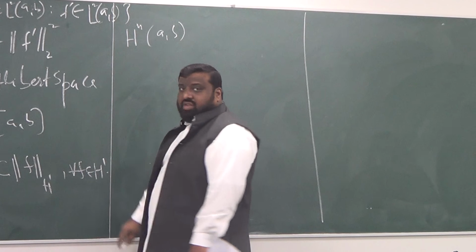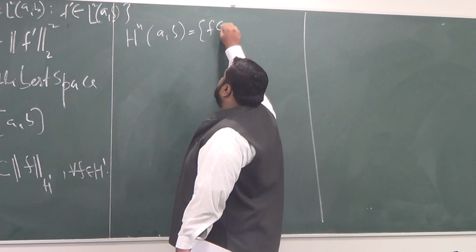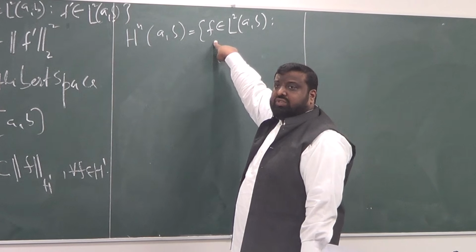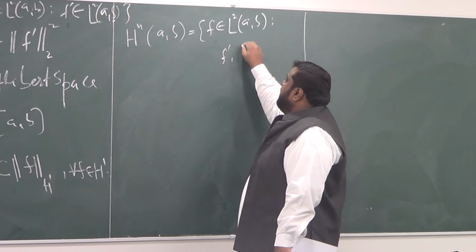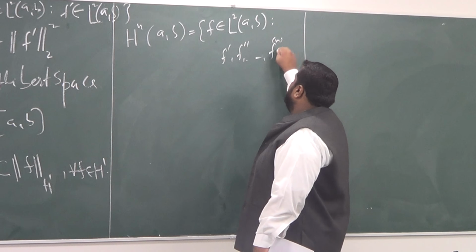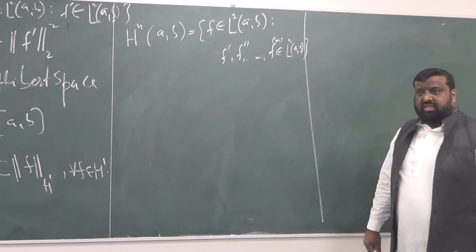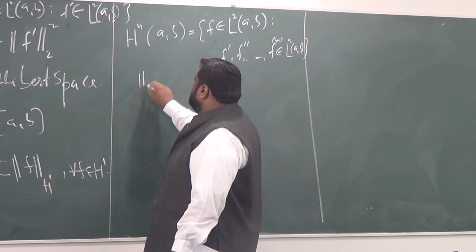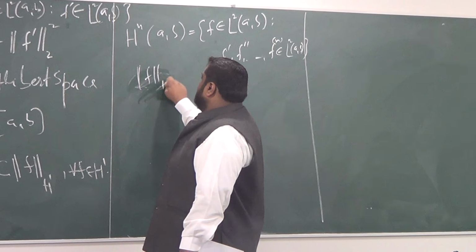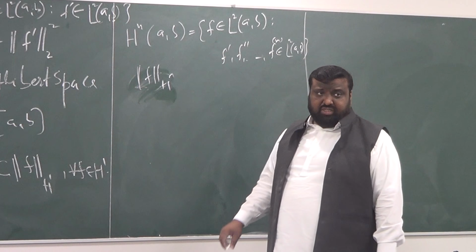So Hn(a,b) is the space of functions in L2(a,b) which are square integrable and also their higher order weak derivatives up to nth order are square integrable. We call such spaces Sobolev spaces, and Hn is the Sobolev space of order n.